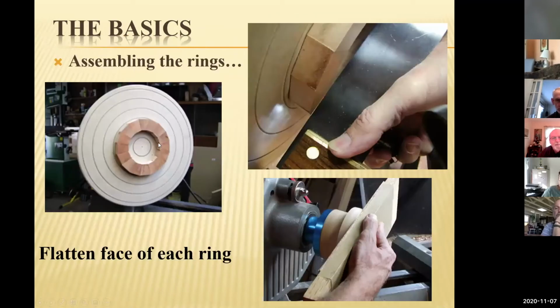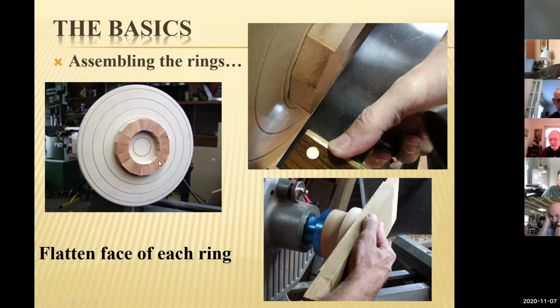So what I do, I take each ring, mount it onto an MDF board on my lathe. I mount it on with just 4 drops of CA glue. So at 12, 3, 6, and 9 o'clock, I'll put a drop of CA glue, spray accelerant, put it on, and then flatten this surface.